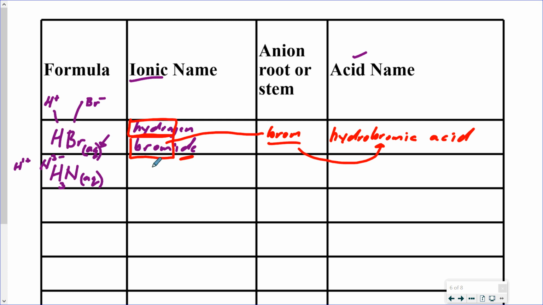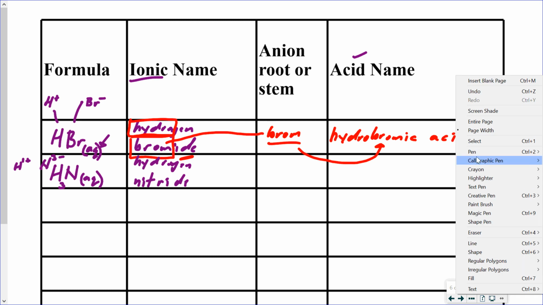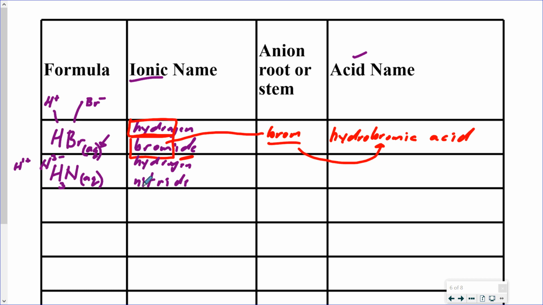How would we name this if it were an ionic compound? Well, hydrogen again, we need to write first. And then this is nitrogen, but it is the ion, so it is nitride. Again, it's the IDE ending that we do have, so we're using the same rule and we're doing exactly the same thing as what I did in the first example.